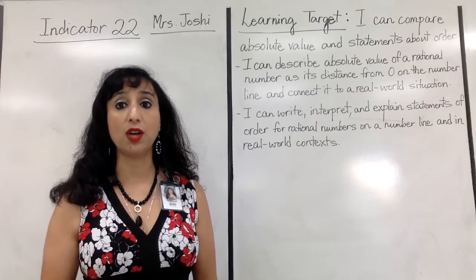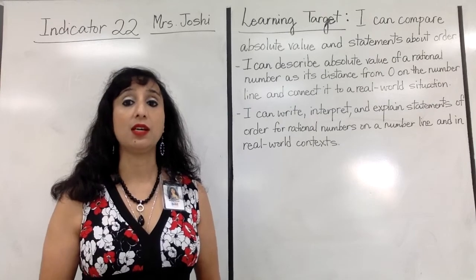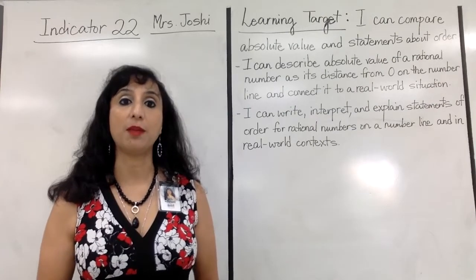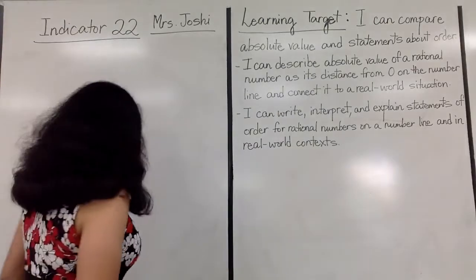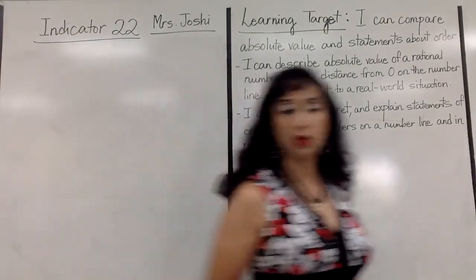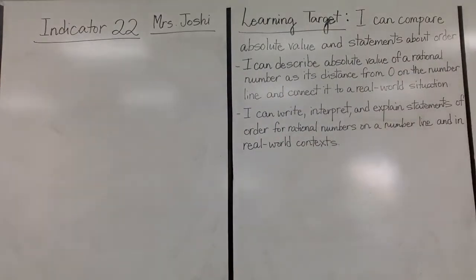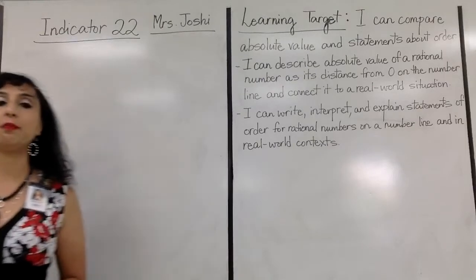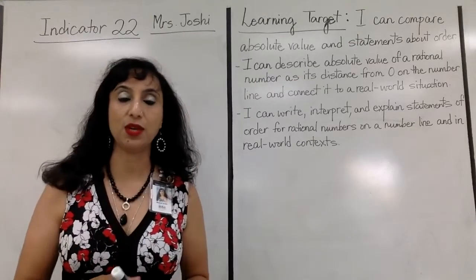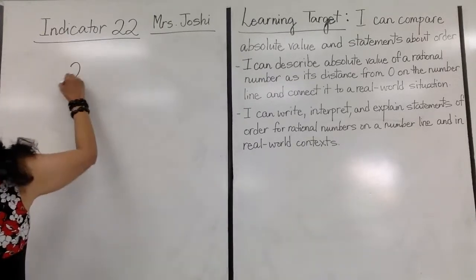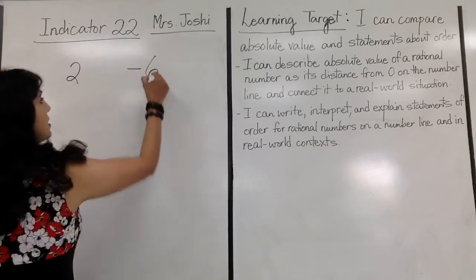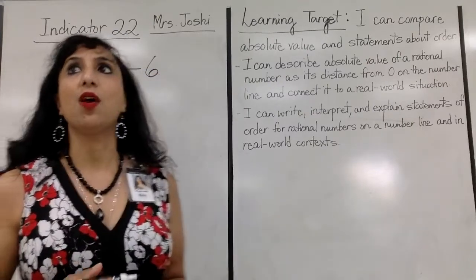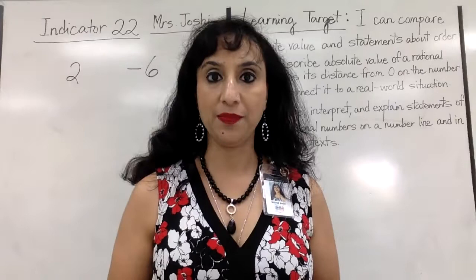So right now we are going to talk about statements of order of rational numbers on a number line, okay? So I'm going to show you some cool shortcuts that you can use in this lesson. Basically, if you're comparing two numbers, say I'm comparing 2 and -6, and you are asked which one is greater, okay?